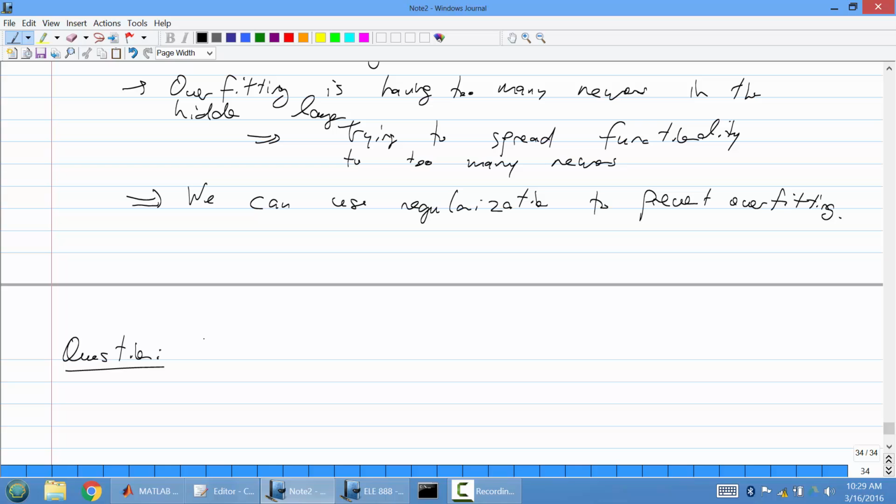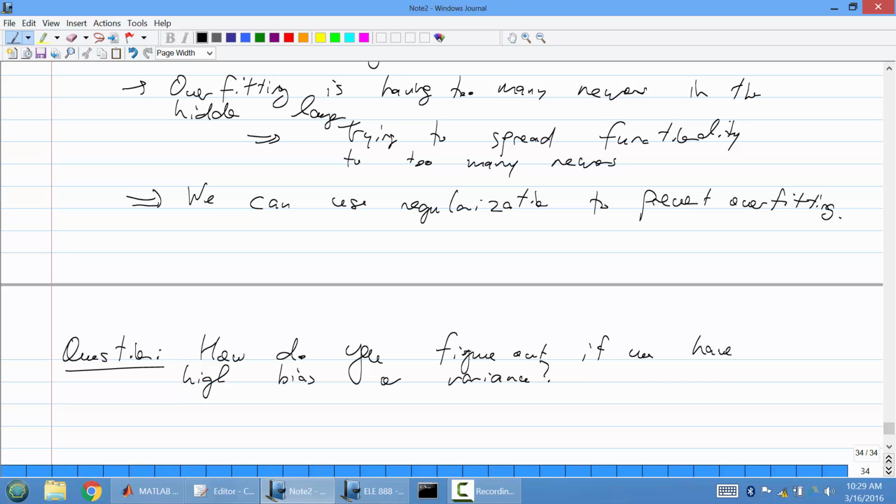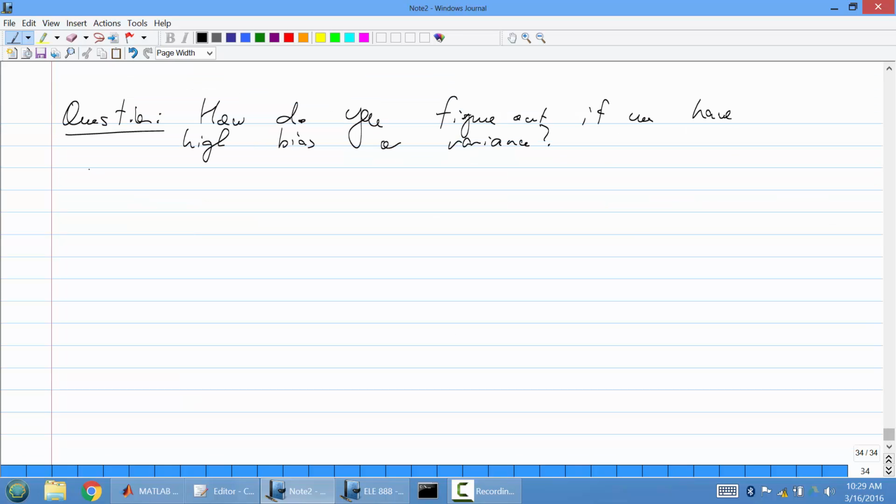And there is. So how do you figure out if we have high bias or variance? Okay, you use a concept called learning curves.